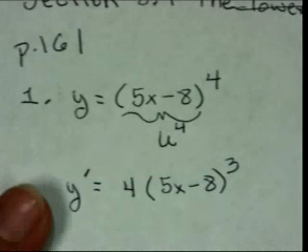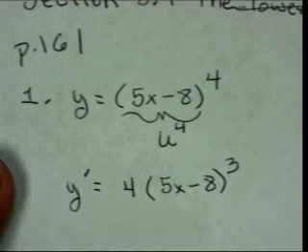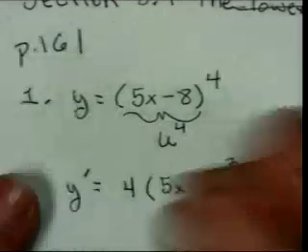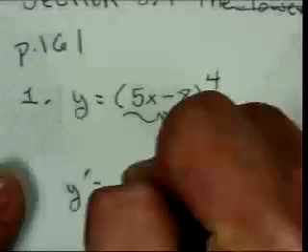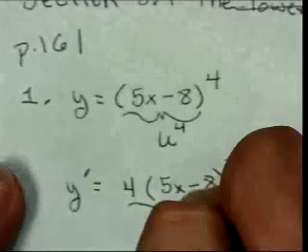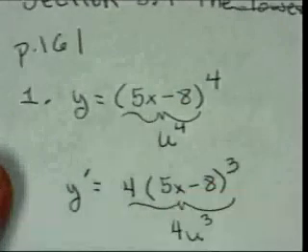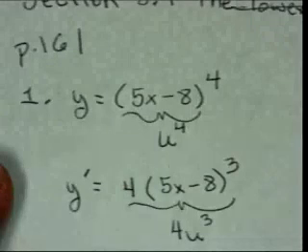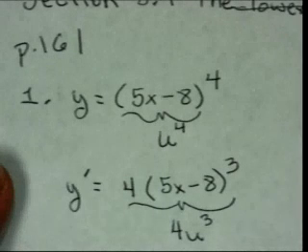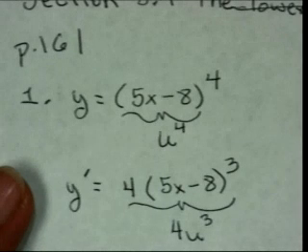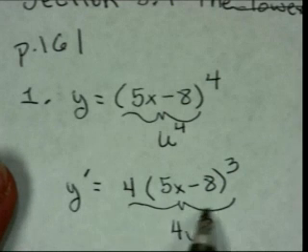We're not finished, but here's what we have so far. 4 ugly cubed is the derivative of ugly to the fourth. Now, by the chain rule, I also have to have the derivative of the ugly.